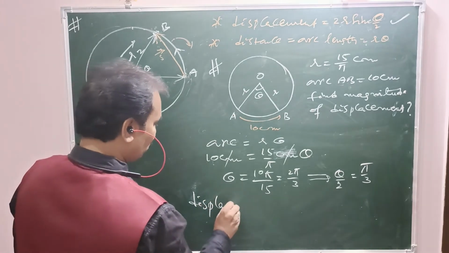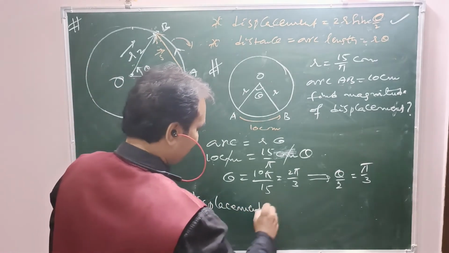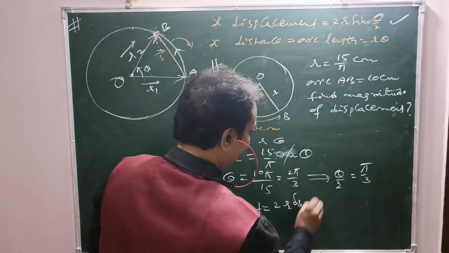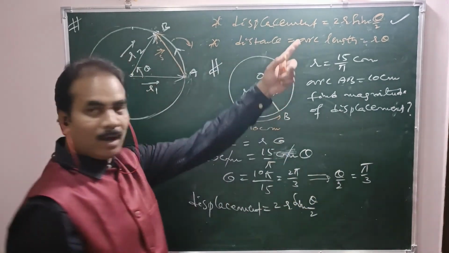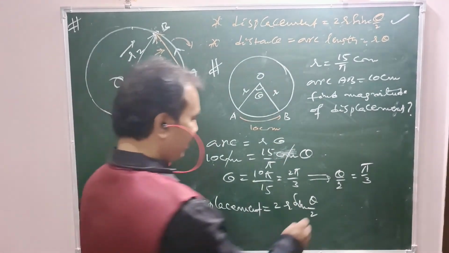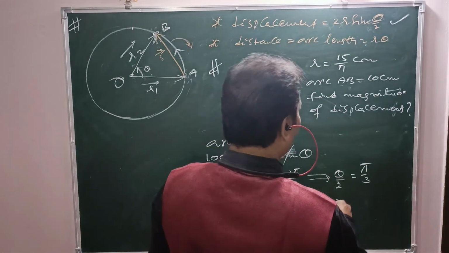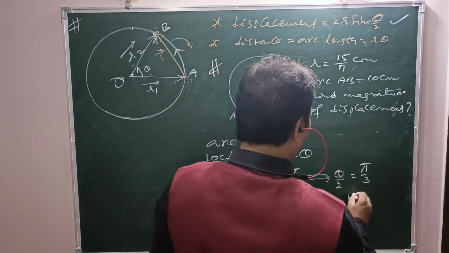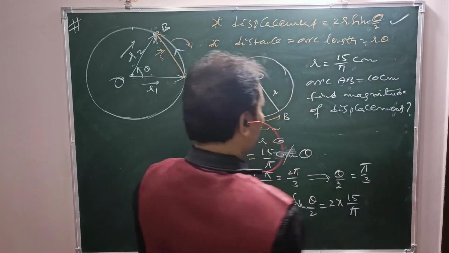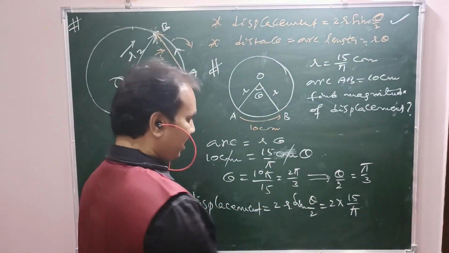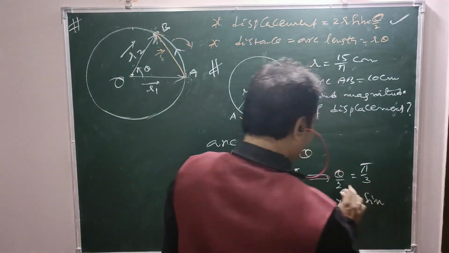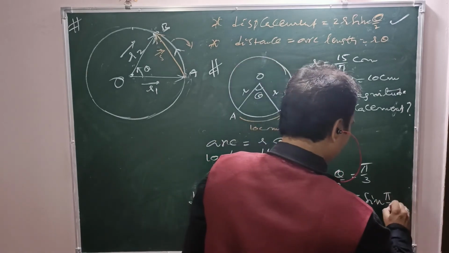Now what is the displacement? Displacement equal to 2r sin theta by 2. That is 2 into r, 15 by pi centimeters, into sin theta by 2, which is pi by 3.